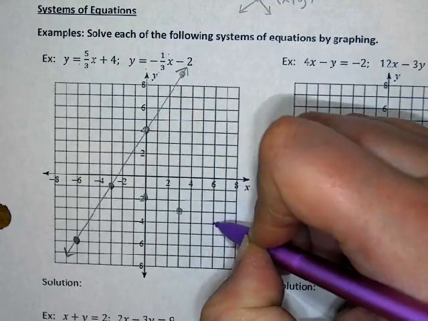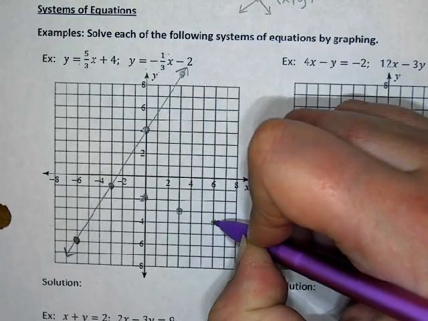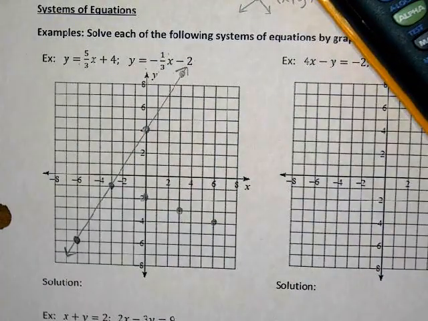Down 1 to the right 3. And when we run out of space, what do we do? Down 1 to the right 3 is normal, and when we run out of space, we do up 1 to the left 3. So in the other direction, you're going to do up 1, left 3, up 1, left 3.